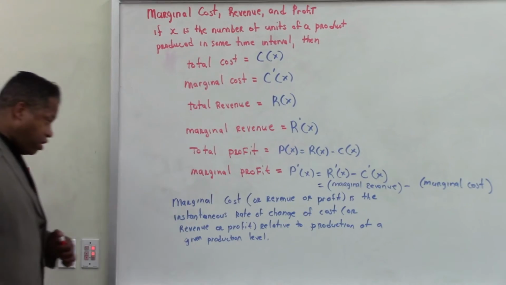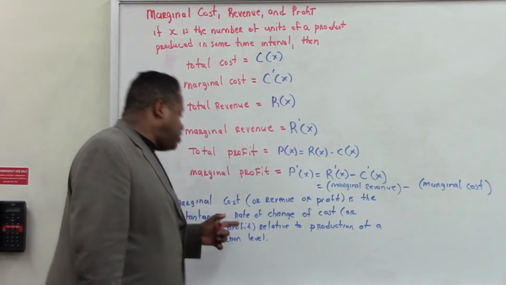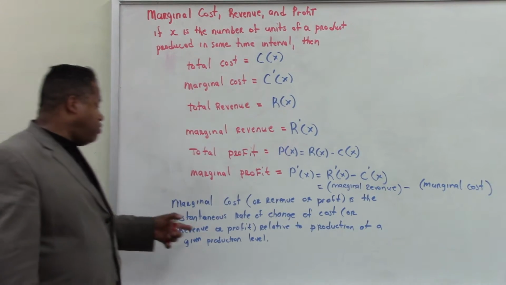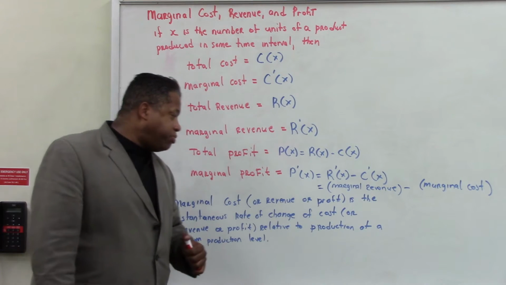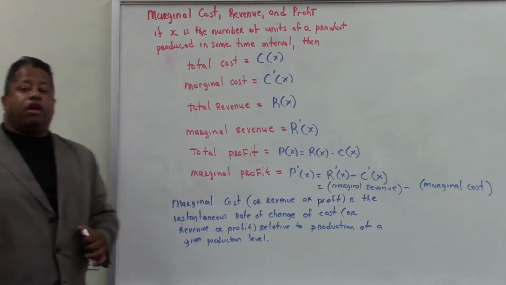Now the marginal cost, revenue or profit is the instantaneous rate of change of the cost, revenue or profit relative to a given production level.